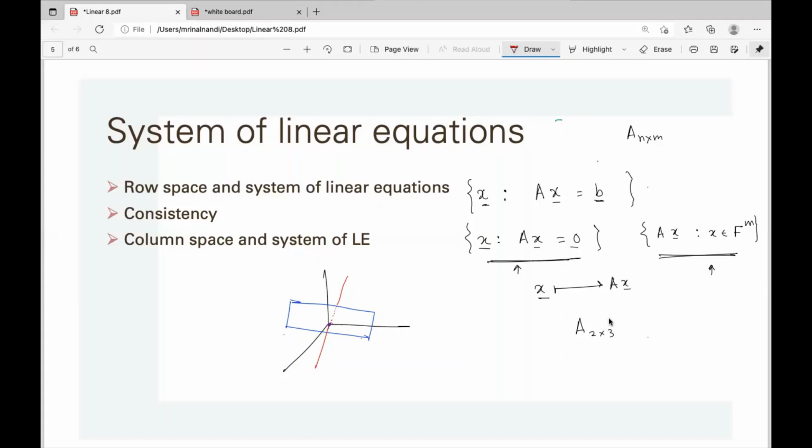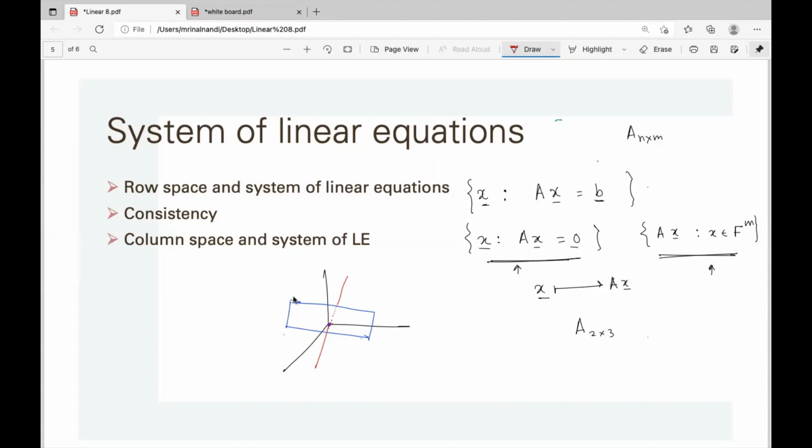Perpendicular here is basically in Rm. It is not this perpendicularity in any general vector space. We need something more, which is called the inner product. Once we get the inner product in a vector space, we get perpendicularity and all these things in a general vector space.